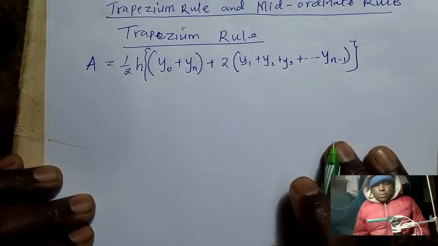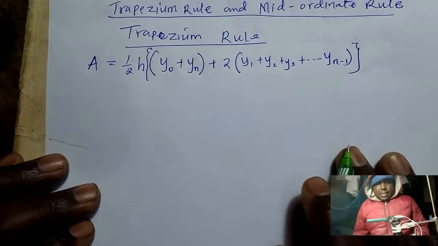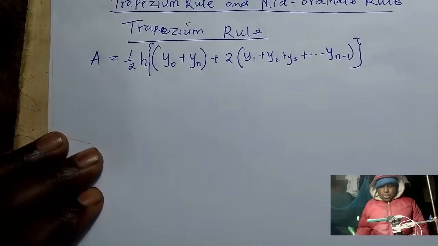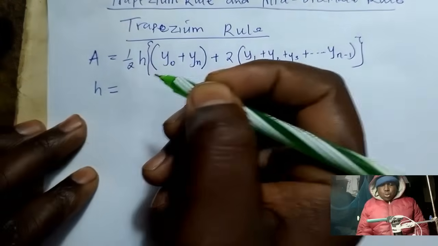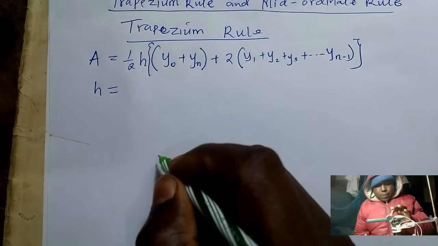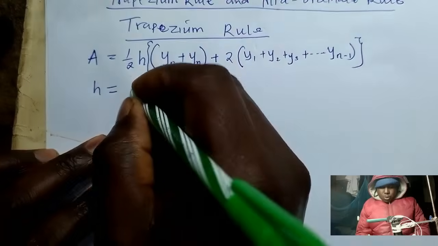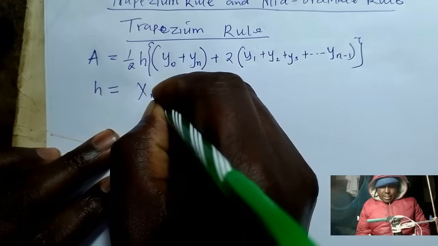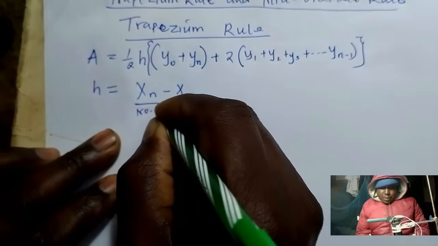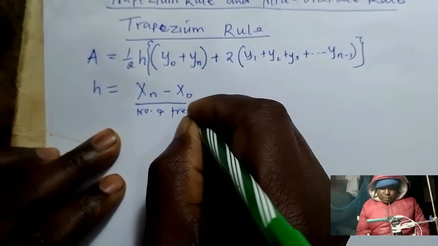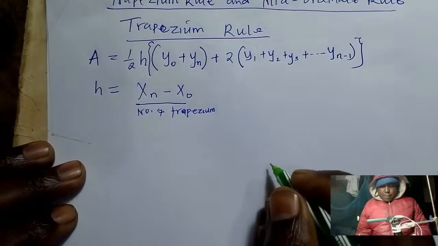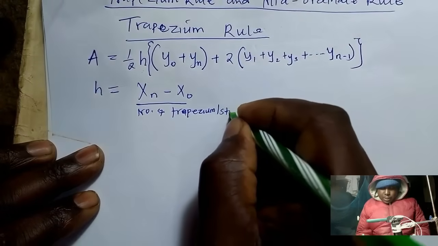But one thing we must be very clear about is the height. How do we get the h? Very important now. h is equal to xn minus x naught divided by the number of trapezia, or number of strips.